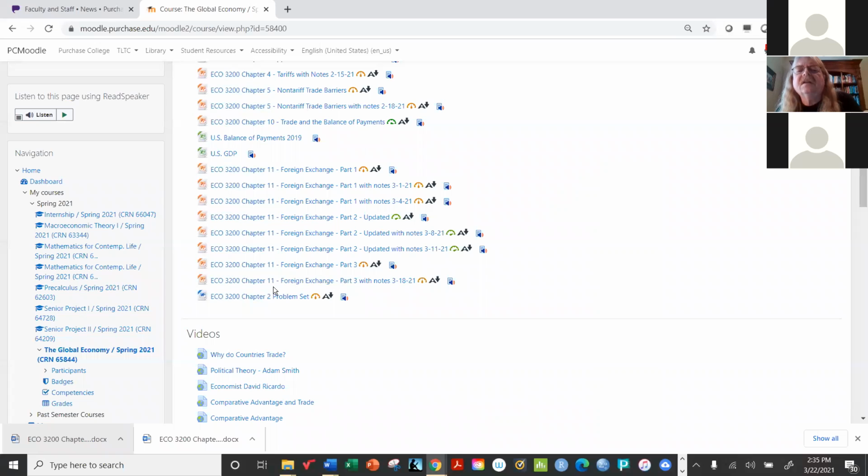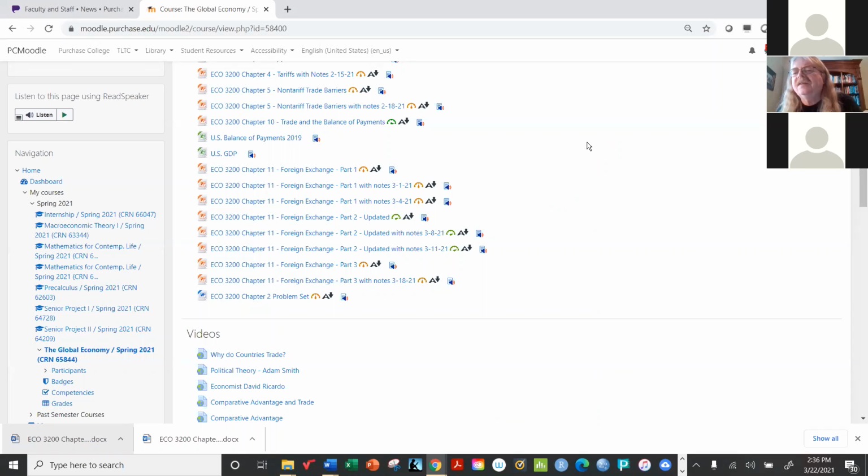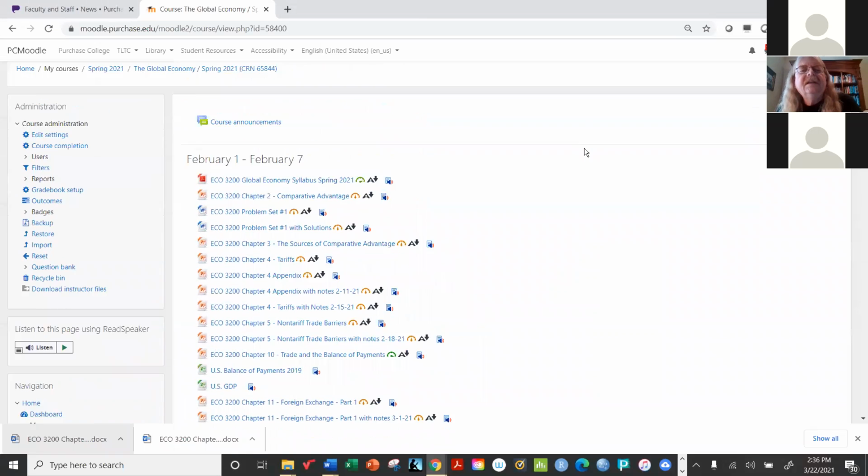The only thing that's different on the actual test is you might have short fill-in type questions as well as the problems. But the problem sets themselves are also excellent ways of reviewing for the exam. The sample midterm is basically almost like a forecast of what the actual test will look like. So if you can do the sample midterm, you'll be 100% set for the actual midterm. Thank you. And plus, I'll have plenty of time to do it. Don't worry about that.